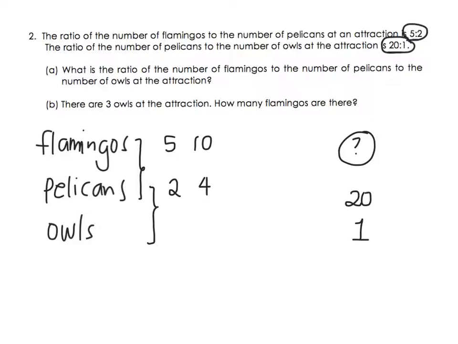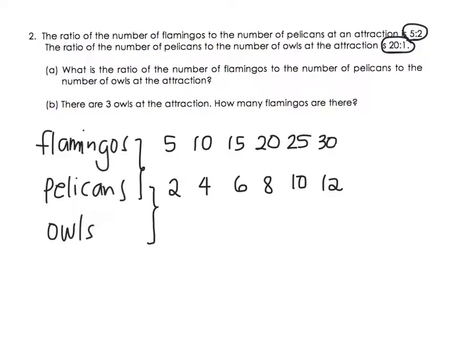If we triple the number of flamingos, it's 15:6. If we continue, 20:8. If we continue, 25:10. Wow. And then 30:12.